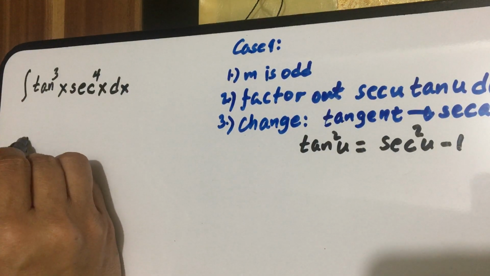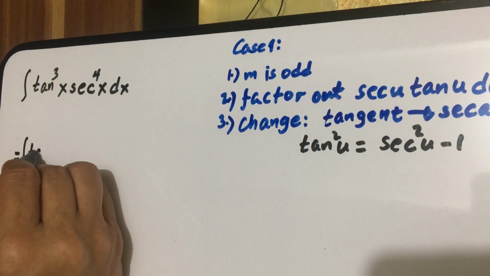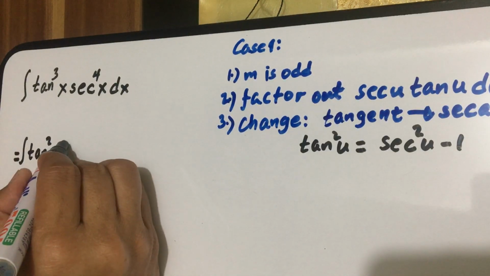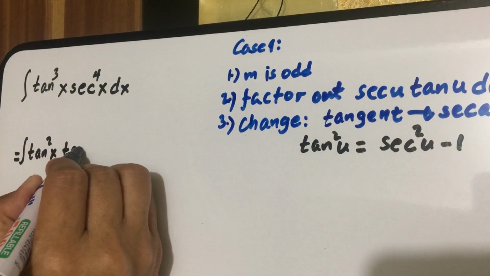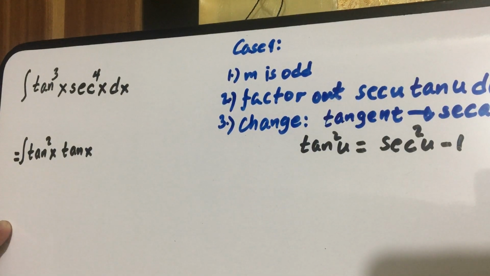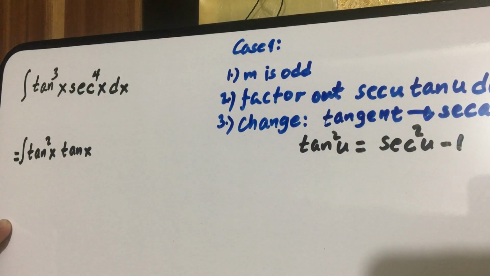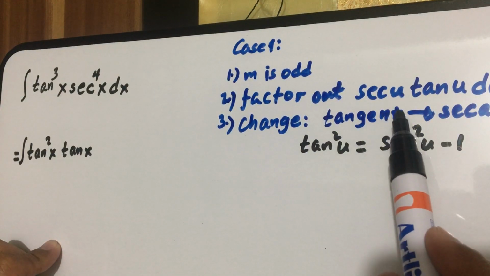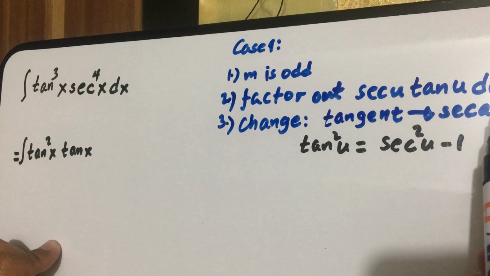So we can rewrite this as tangent squared x times tangent x. And we can break secant to the fourth also, because the rule here is you have to factor out secant u tangent u du.